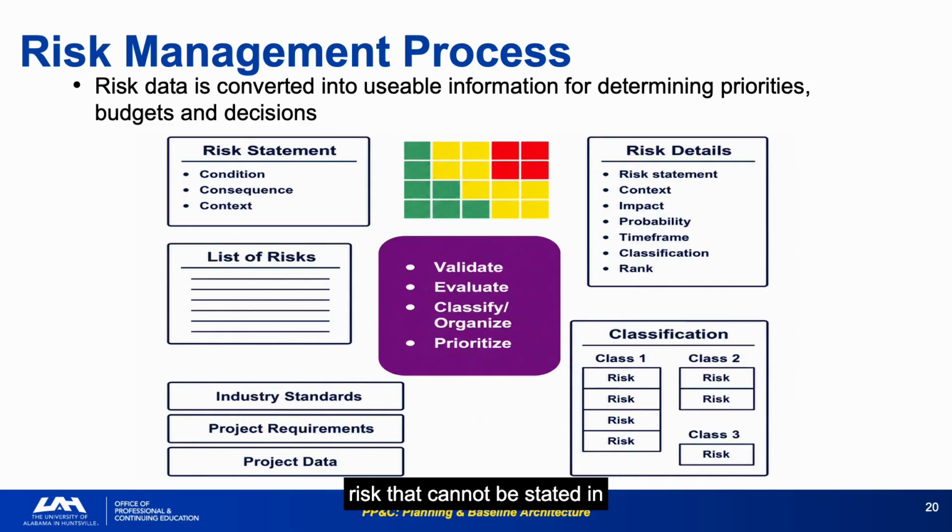A risk that cannot be stated in this 3-part format probably hasn't been sufficiently analyzed to be actionable. The classification system, Class 1, 2, 3, drives where the risk is managed and who is responsible for mitigation. Getting the classification wrong means risks are either over-escalated, wasting management attention, or under-escalated, not receiving the mitigation resources they need.